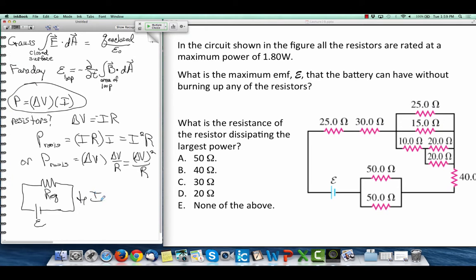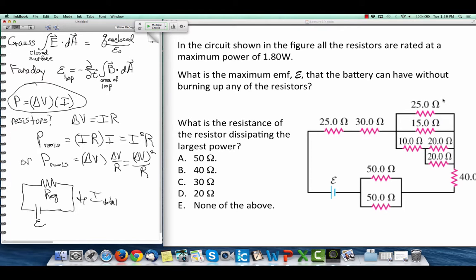The total current actually happens to be the current through the 40 ohm resistor also. But the total current squared times R equivalent tells you the total power for all of these looped together. But for any one of them, the current through this 25 ohm resistance squared times 25 ohms gives you the power dissipated in that one.